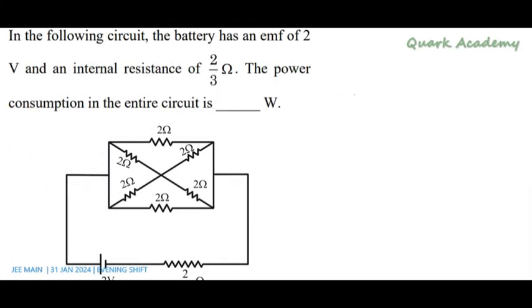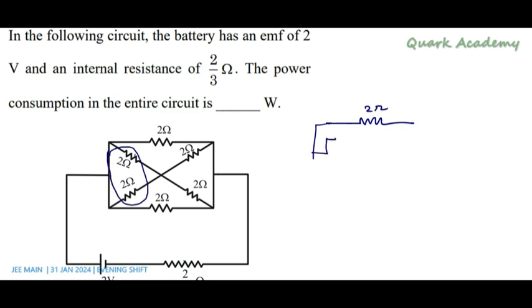We need to find the power consumed in this entire circuit. This circuit has a resistor network and internal resistance. So let's solve this resistor network. Let me redraw it. We have a 2 ohm resistor here, and if you see this one, these two are in parallel.